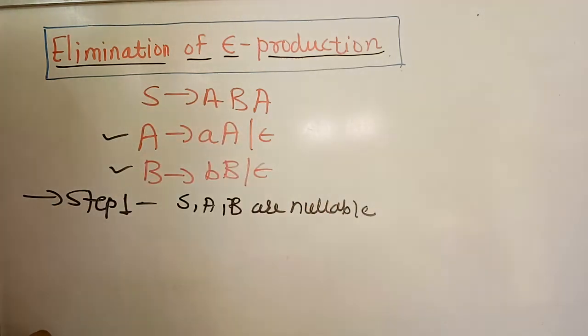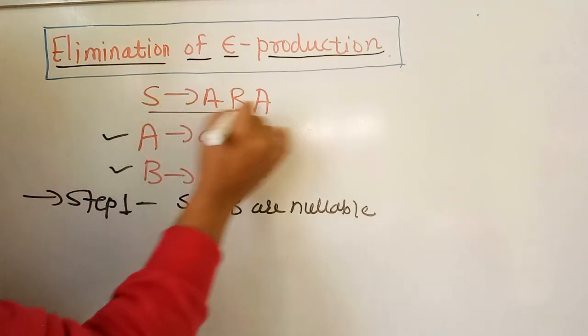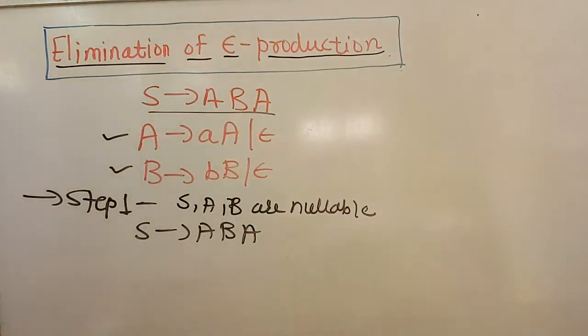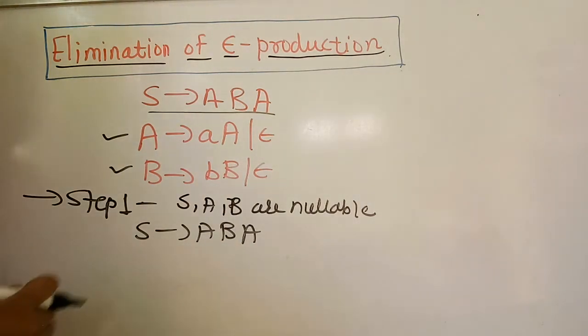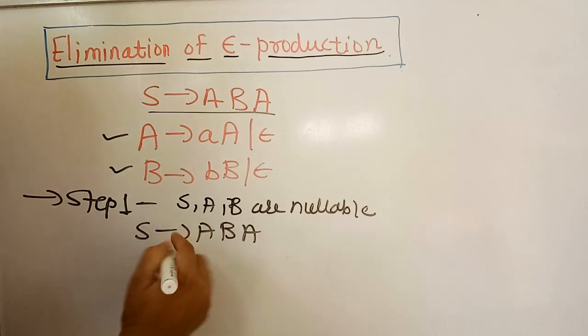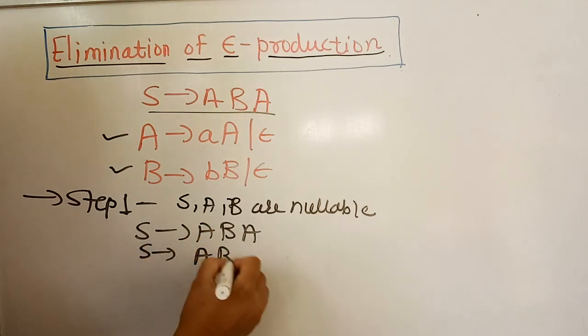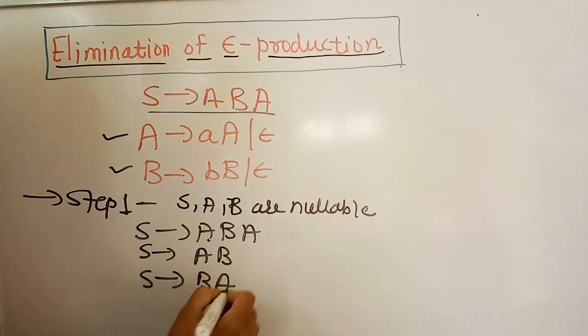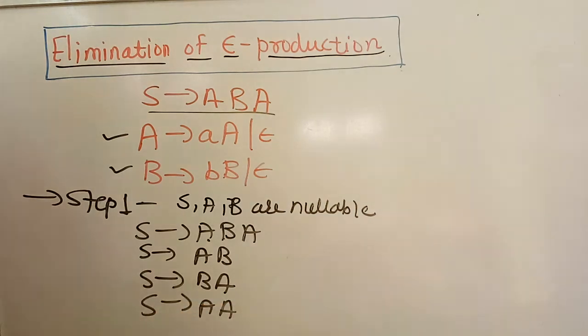Second step is adding productions with nullable variables removed. First we take S gives ABA. Now turn by turn replace A and B with epsilon. If we replace the first A with epsilon, it becomes AB. If we replace the last A with epsilon, it becomes BA. If we replace B with epsilon, it becomes S gives AA.